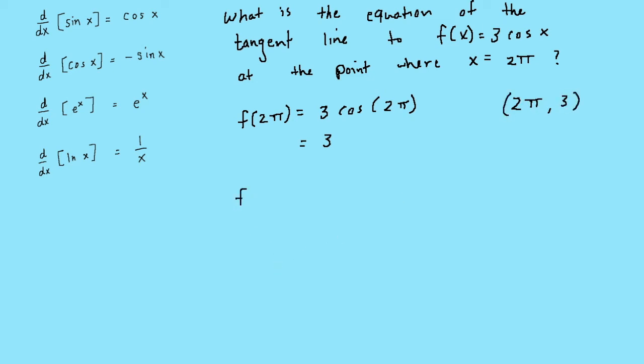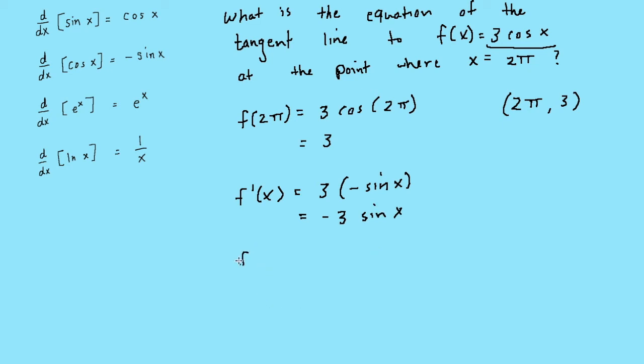Then we'll need to find the slope at x equals 2 pi. So we'll do f prime of x is equal to 3 times the derivative of cosine of x, which is negative sine x. Rearranging this to get negative 3 sine x.